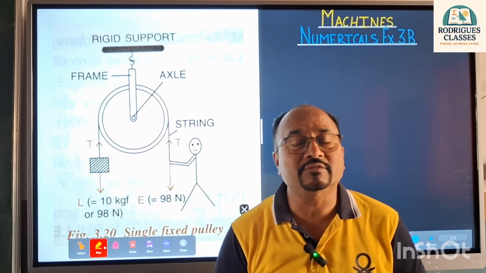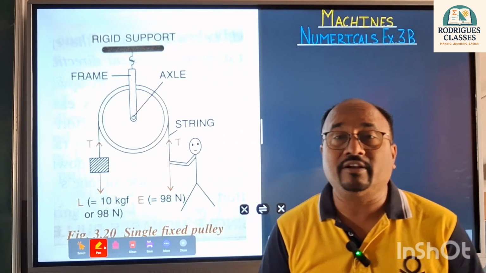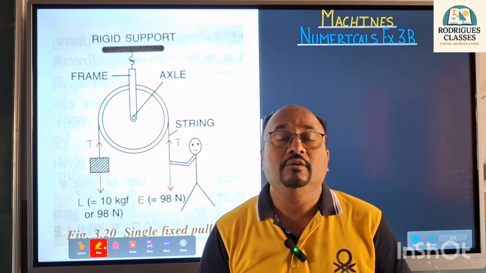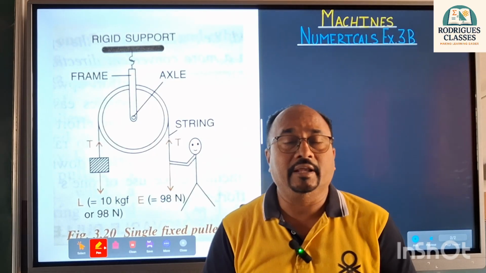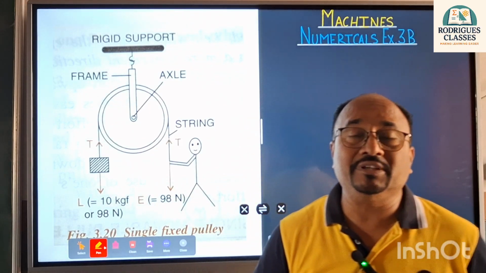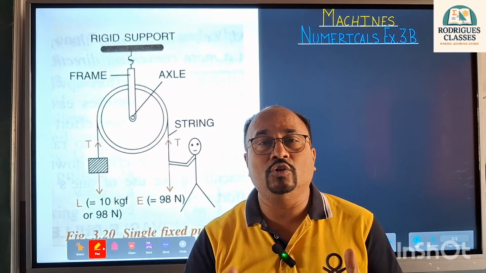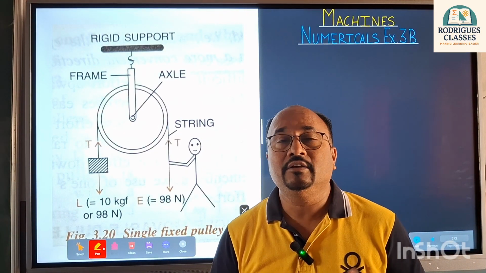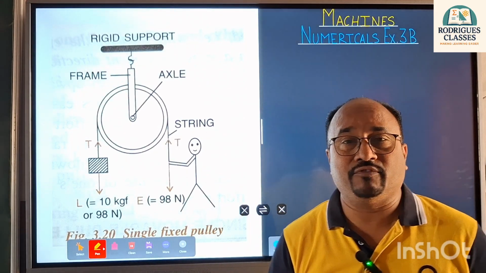Ideal condition means we will not be considering the weight of the pulley and the friction which will be caused. Only in the end, in a block and tackle system, you will be seeing when the weight of the lower block is considered, what happens to the mechanical advantage, velocity ratio and efficiency.